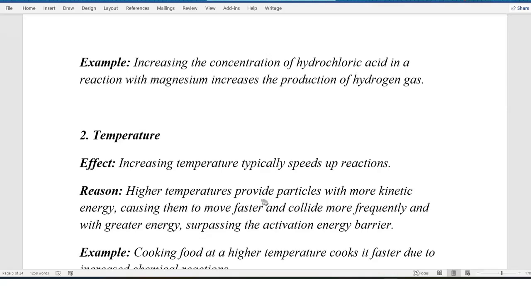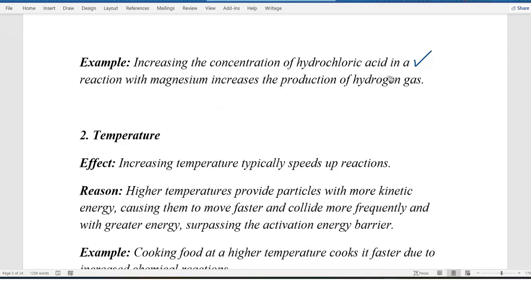reaction. For example, if we increase the concentration of hydrochloric acid in a reaction with magnesium, you increase the production of hydrogen gas. For example, take the reaction between dilute hydrochloric acid and magnesium.